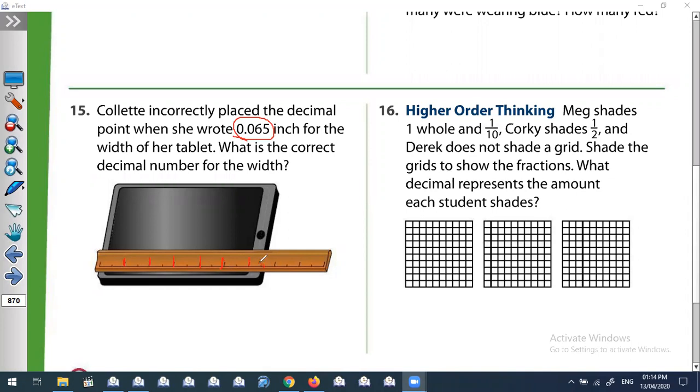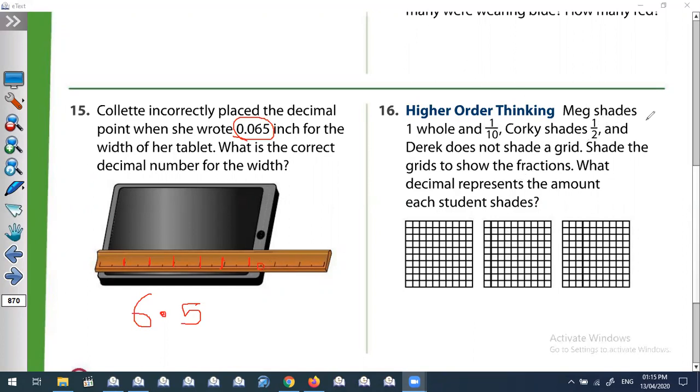And it stopped here between 6 and 7, so it will be 6.5. 6.5 means 6.5.